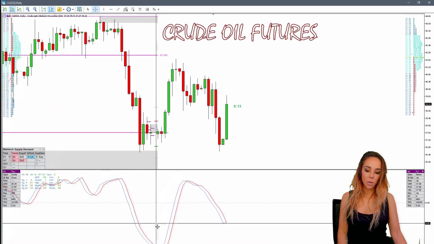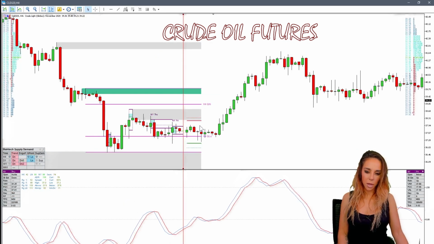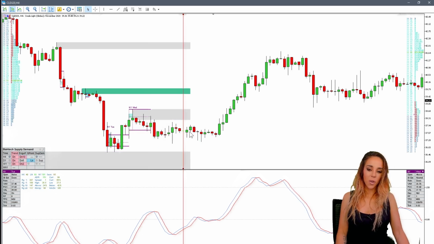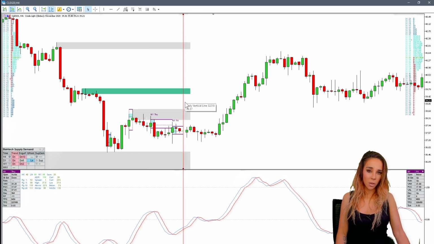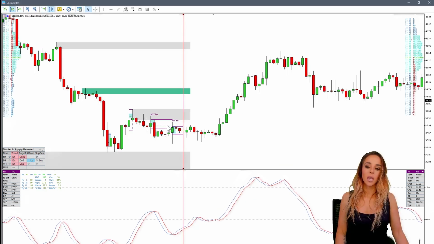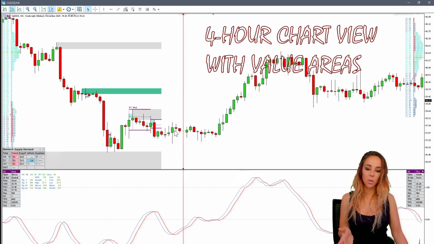If I go to this area that I was showing you just before, if I switch on my Blahtech time machine to see what everything else was looking like at the time. I put this line on the day when the Fisher Transform hit my oversold condition. If you can see here, the New York session, which is the regular trading hours, set to NYMEX trading hours, starts to overlap.